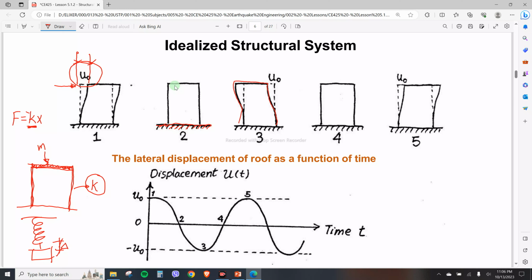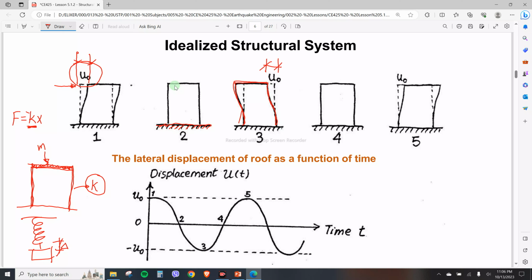The purpose of the restoring force is to return the structure to its original or neutral position, but since they are equal, nothing stops it, and the structure swings to the other side with the same displacement u naught.